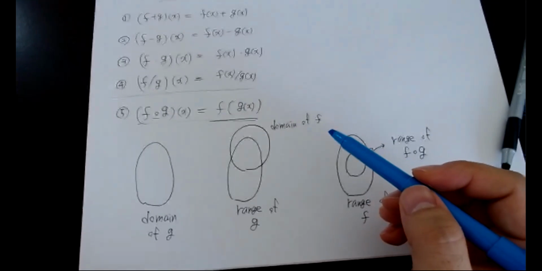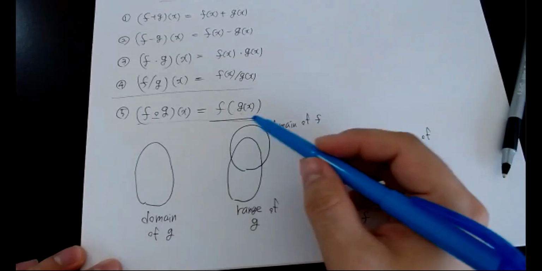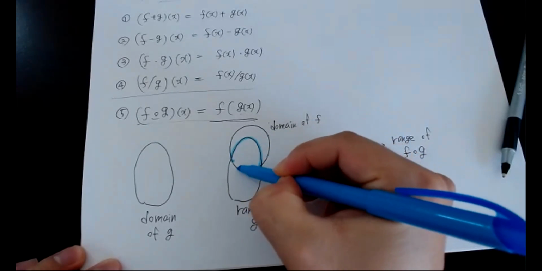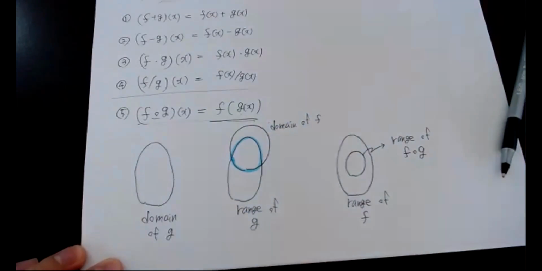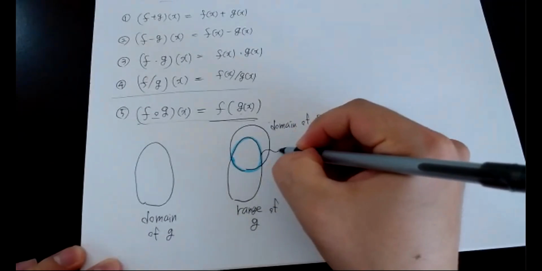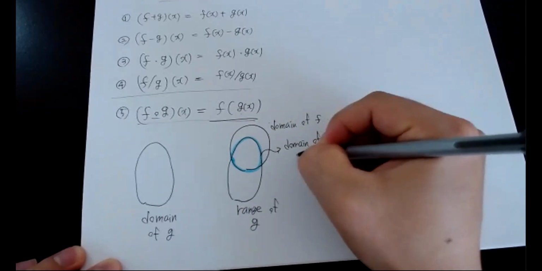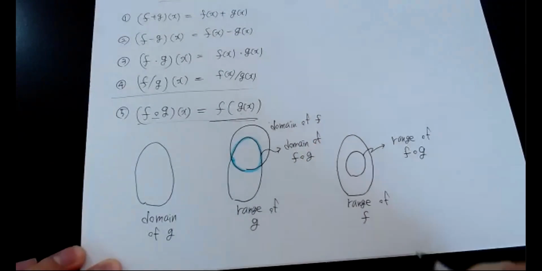It means that we have to find the intersection of the domain of f and the range of g, which is this. So that's going to be the domain of the composition f after g. Okay.